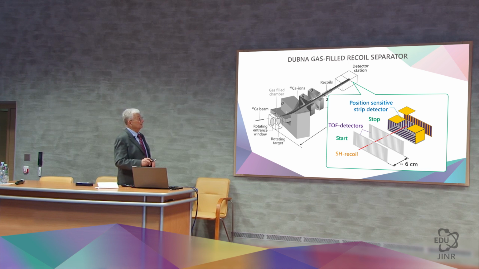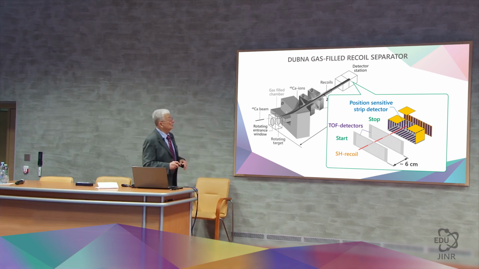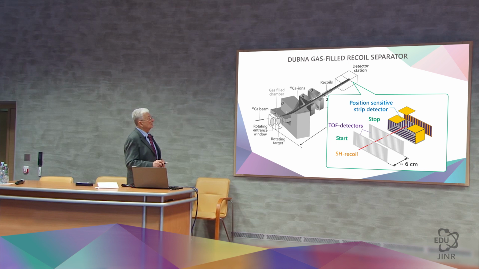The front detector is actually called a strip detector because it consists of individual strips, like piano keys. Each strip has longitudinal position sensitivity. The number of the strip will be the x-coordinate, and the position along this strip will be the y-coordinate.